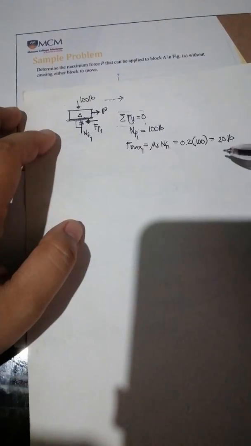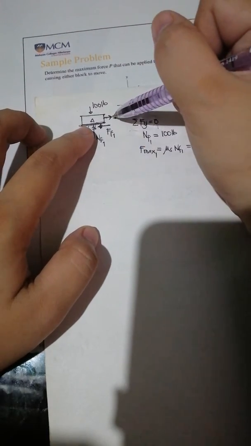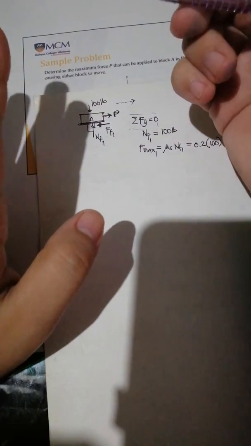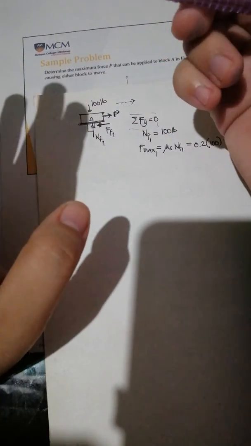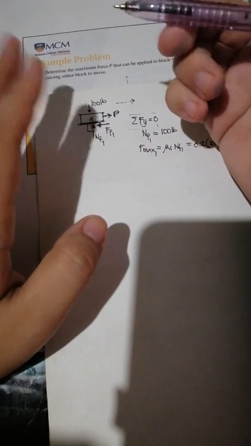pounds. Now the maximum value of P to make A still static is when it is impending. So to make this impending, FF1 will be equated to F max 1.